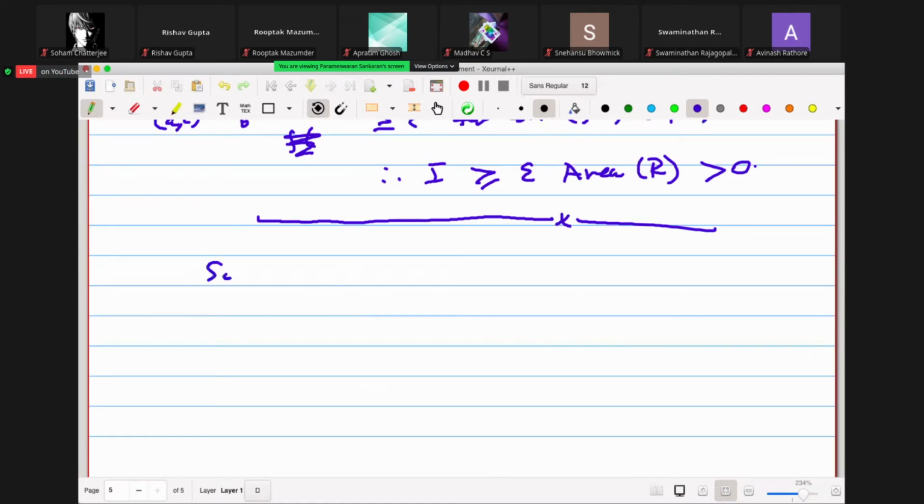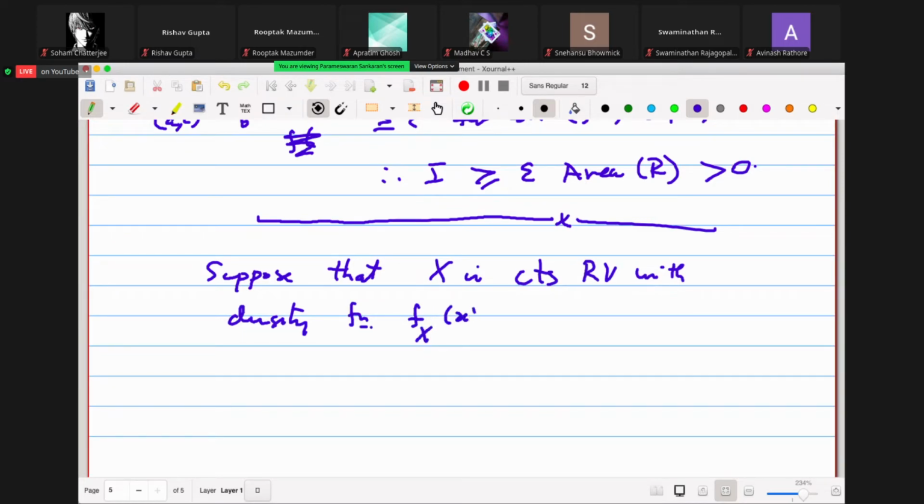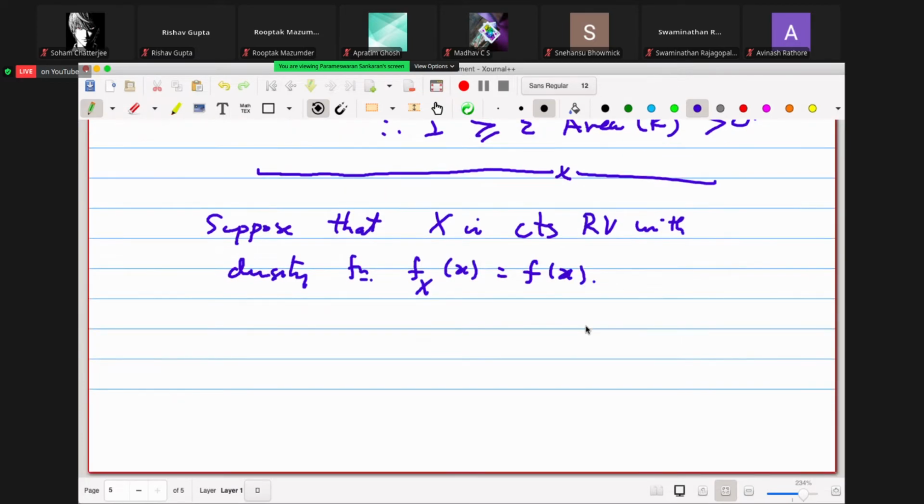So suppose that X is a continuous random variable with density function f_X of x, or sometimes we just simply write f_X. Definitely I'm going to work out problems.